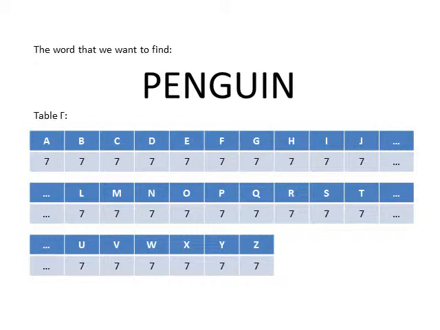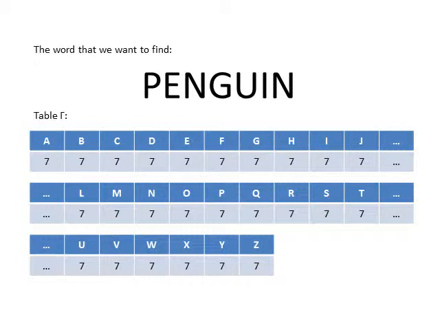So firstly, we're gonna use the word penguin as our example, and we're gonna start from the letter A and move our way through the alphabet and basically update the positions of each letter. As you can see, I've put down 7 in all the alphabet letters, and that is because that will be at the end of penguin, and so that means that that letter does not exist in the word penguin.